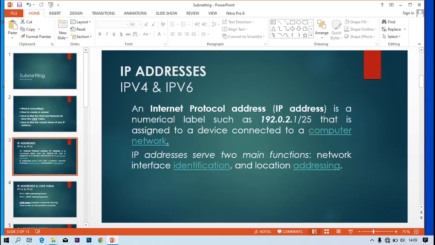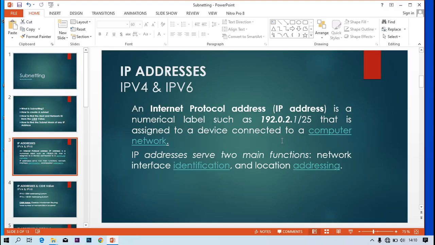Now, an IP address basically stands for Internet Protocol. It's an address or a numerical label, such as what we see right here, that is assigned to a device connected to a computer network. You may connect a phone, a laptop, or whichever device you have.